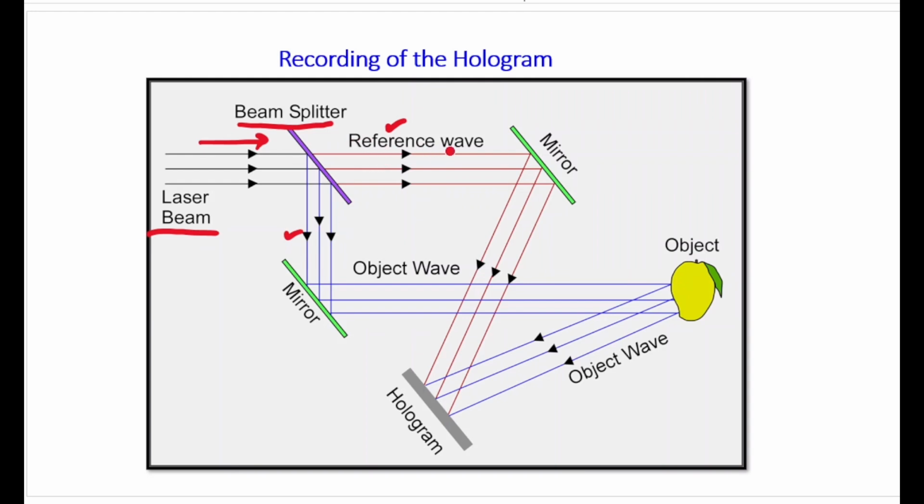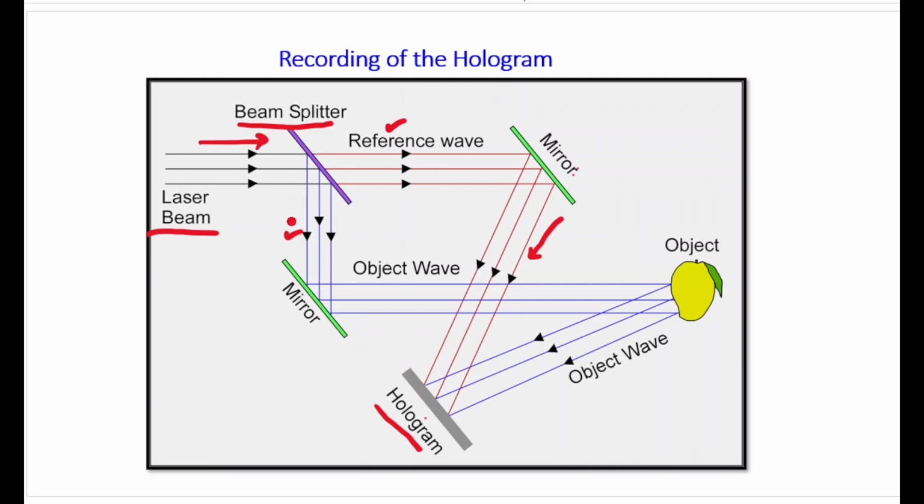The reference wave is first incident on a mirror, and from there it directly falls on the photographic plate. This photographic plate is known as the hologram. Therefore the reference beam goes directly to the hologram.